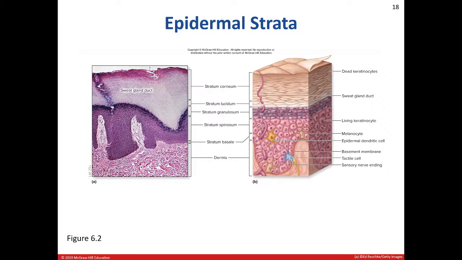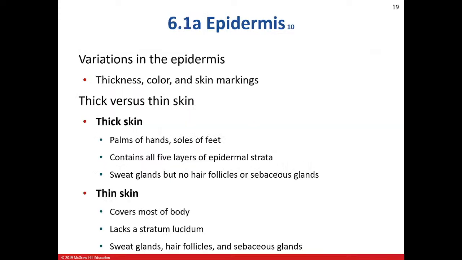All right. And again, lucidum is only present in thick skin. So we mentioned thick skin found on the palms of the hands, soles of the feet. It has all 5 layers. It has sweat glands, but no hair follicles or sebaceous glands.